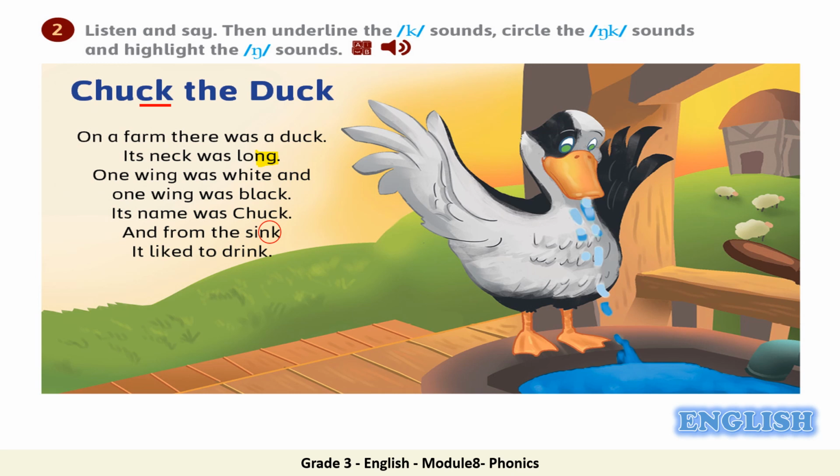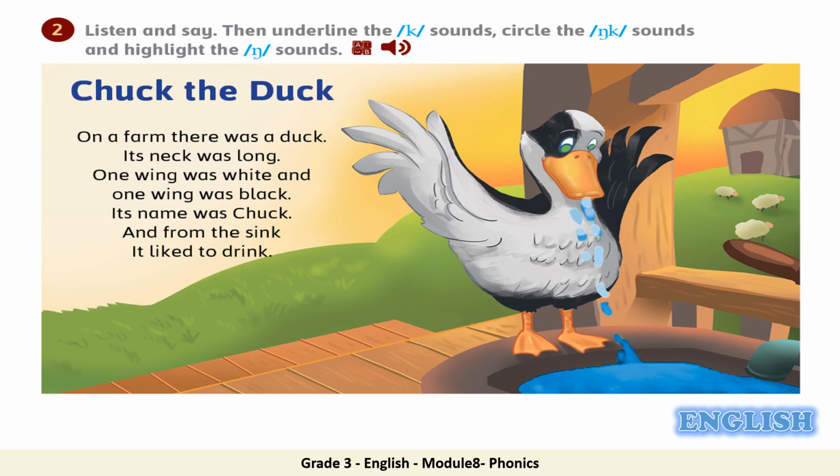If you don't have a highlighter, you can simply square these sounds. Are you ready? I am sure you are. Let's go. 2. Listen and say. Then underline the k sounds, circle the nk sounds, and highlight the ng sounds.